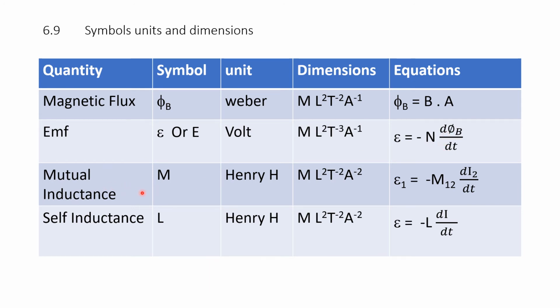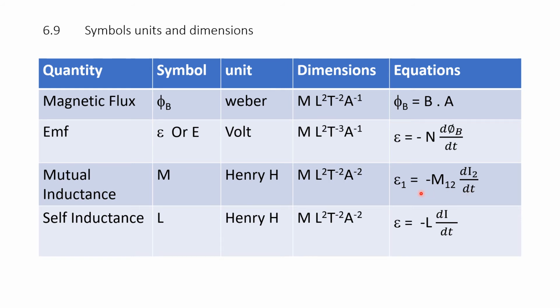Mutual inductance. Mutual inductance is represented by the symbol M, capital M, and its unit is Henry. Sometimes we write Henry as H. Therefore, the dimensions of mutual inductance are M L square T to the power of minus 2 A to the power of minus 2, and it is given by the equation E1 is equal to minus M12 into di2 by dt.